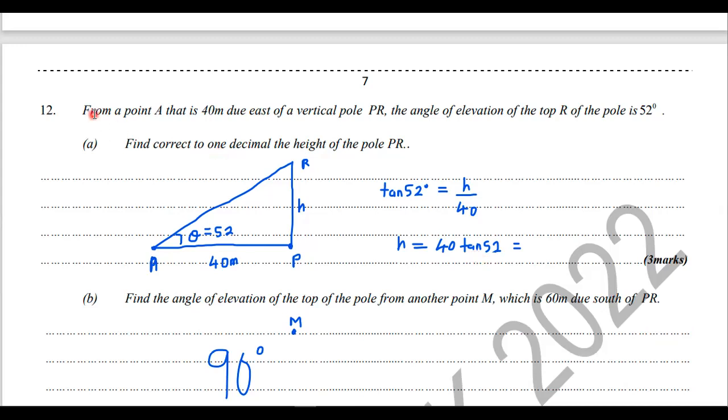Question 12 here, from a point A that is 40 meters due east of the vertical pole PR. So I've drawn the diagram that is clear. From a point A, which is 40 meters due east of a vertical pole PR.